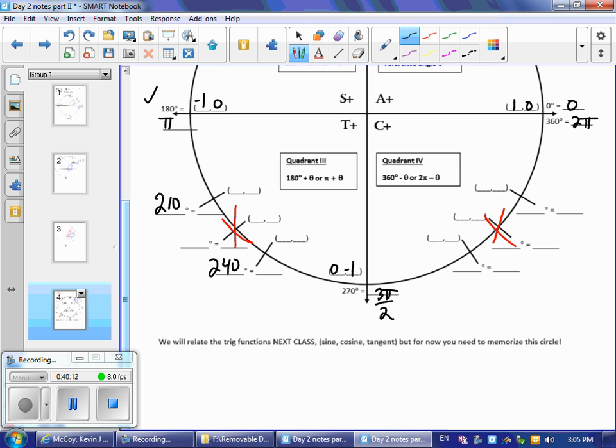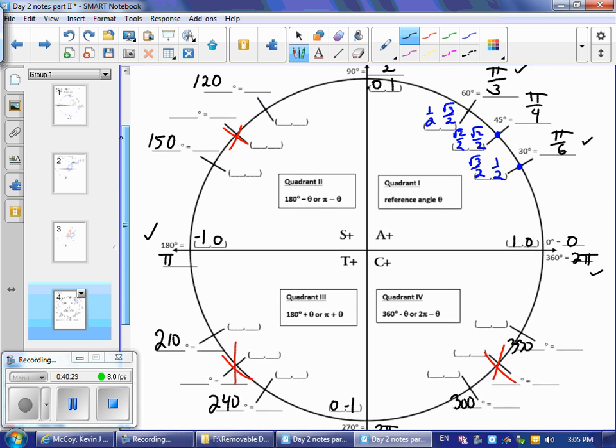Adding 30 more, we've already done 270. It's down at the bottom. 30 more is 300. 30 more onto that, 330. And then all the way back around to 360. So we're good. So that's pretty easy to do, just adding 30 around there.